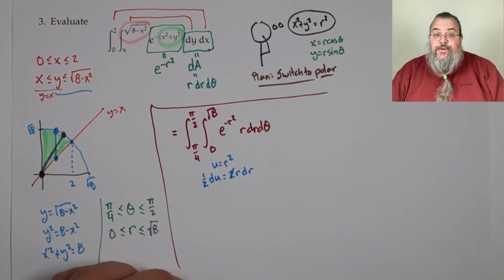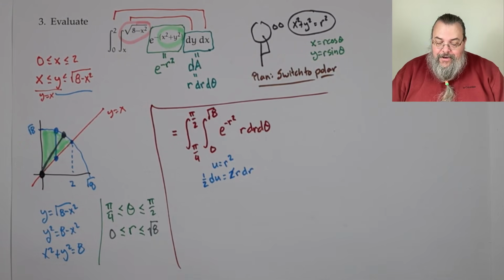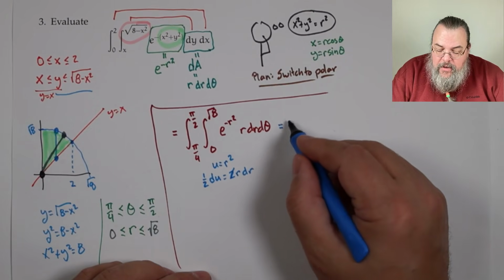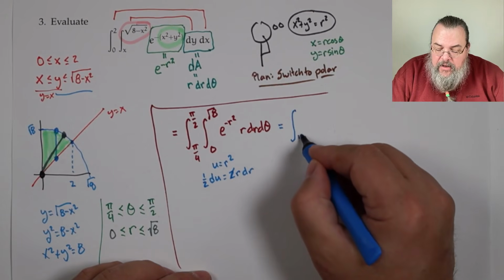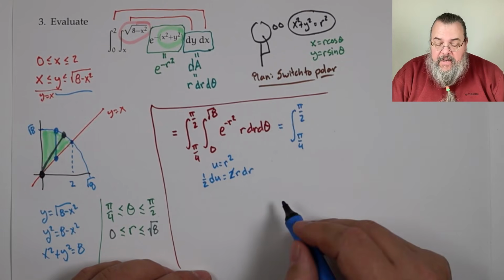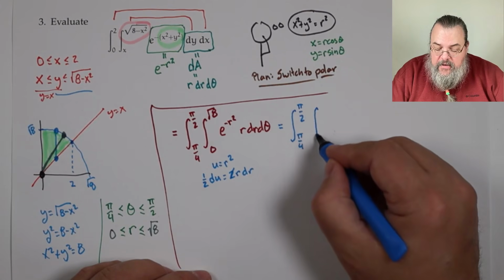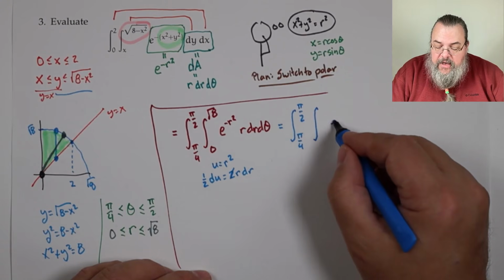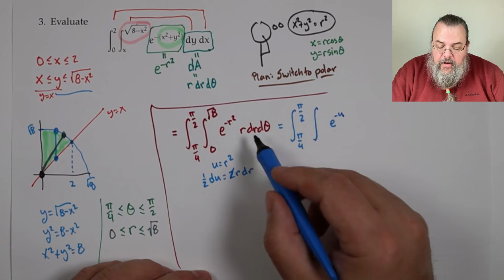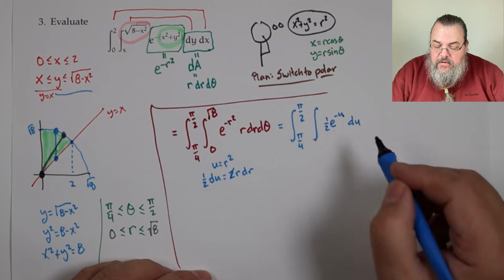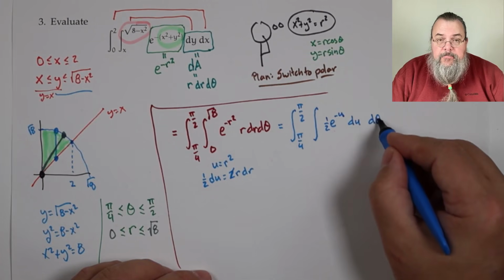A half du is r dr. So what do we get? Well, updating, the outer layer has not changed. Still pi fourths to pi halves. The inner layer is about to change. It becomes e to the minus u, r dr, 1/2 du, and then there's still a d theta.